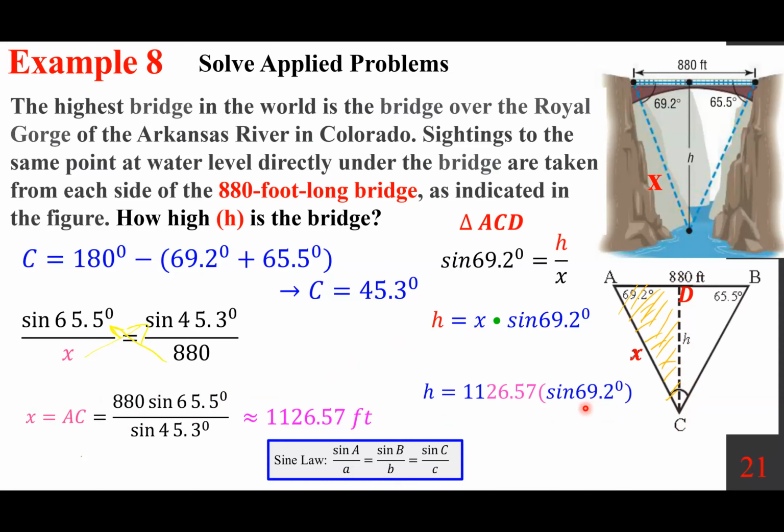Using a calculator, find sine of 69.2 degrees, multiplied by the number, and you get 1053.15 feet. So that would be the height. As far as the number of decimals, most likely they will ask you. If they don't, you want to carry many decimals. Don't take a chance. Okay, always many decimals, just to be on the safe side.